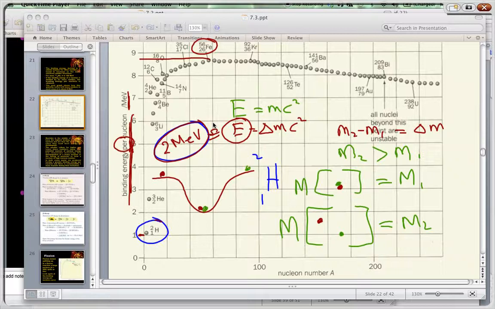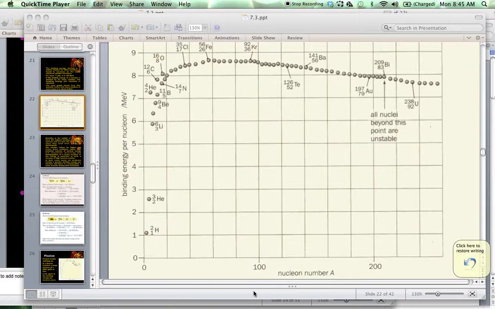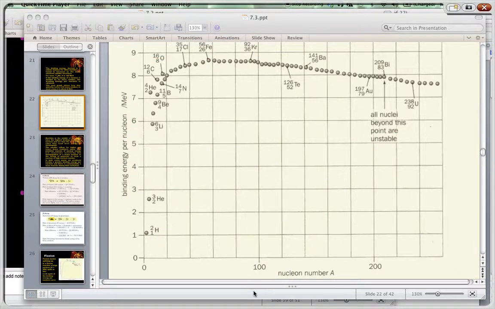So I'm just going to go on to this one over here, our helium. Look at the same procedure here. Now for the helium-3 isotope, it's got 2 protons and 1 neutron.